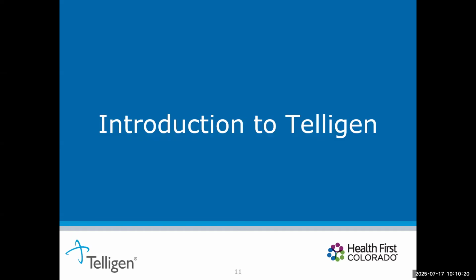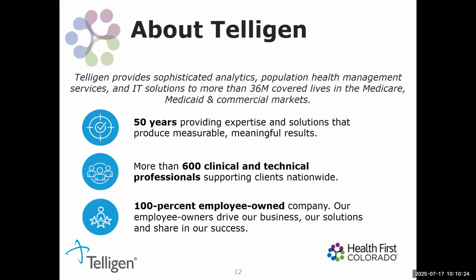So let's jump into talking about who Telligent is if you haven't heard about us. Telligent provides sophisticated analytics and population health management services as well as IT solutions for more than 36 million covered lives in the Medicare, Medicaid, and commercial markets. We have been doing this for over 50 years, providing expertise and solutions that produce measurable, meaningful results.